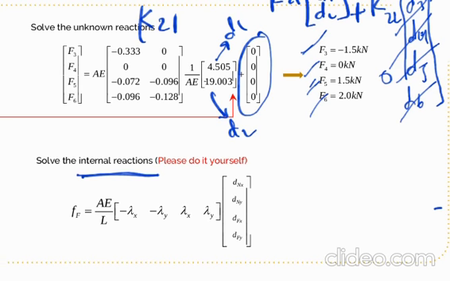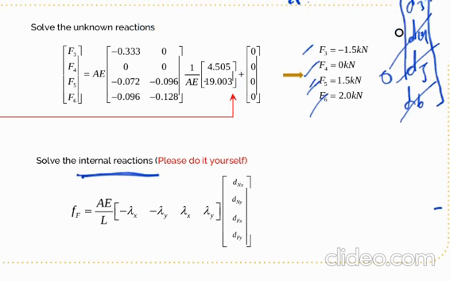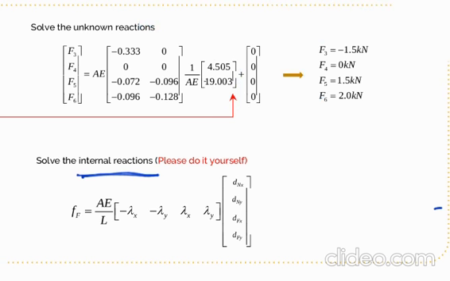It's easy by following this rule: AE over L, matrix of minus lambda x, minus lambda y, lambda x and lambda y, multiplied by dnx, dny, dfx and dfy. So here, let me try for member number 1.